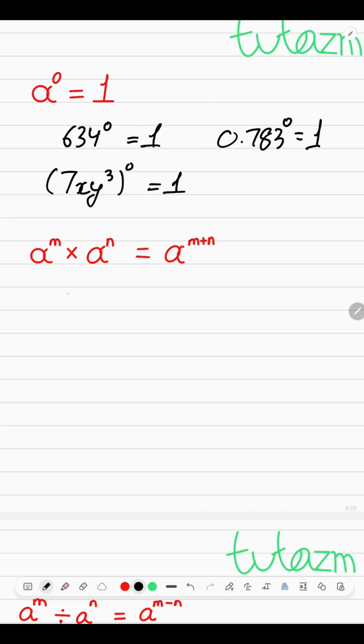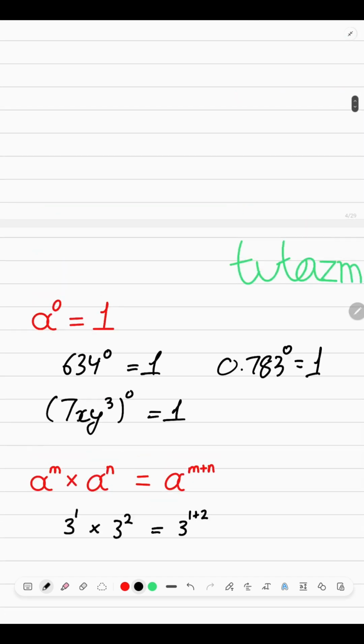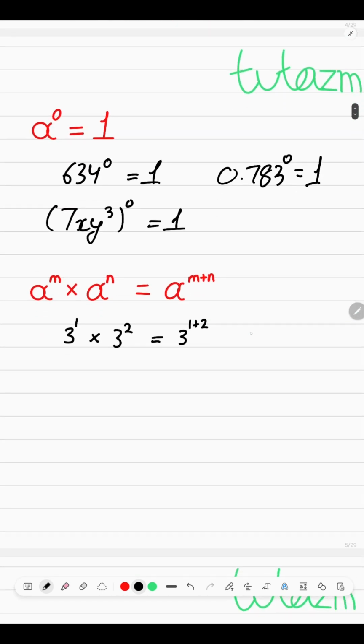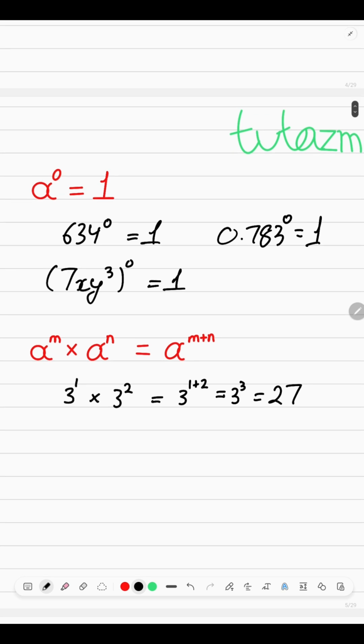So say for example we've got 3 and we're multiplying that by 3 squared. 3 is just 3 to the power of 1. So 3 to the power of 1 times 3 squared would be 3 to the power of 1 plus 2, which would be 3 cubed, which is 27.